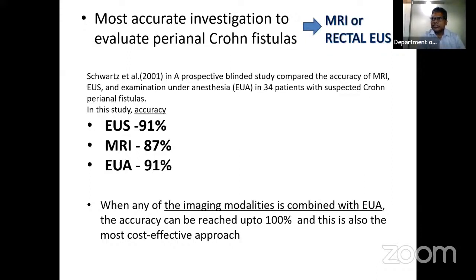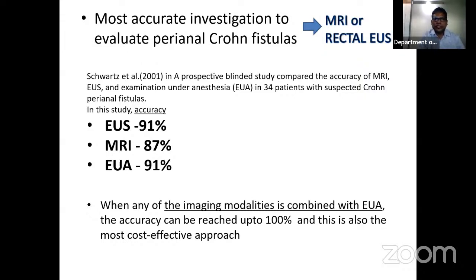The most accurate investigation to evaluate perineal Crohn's fistula could be either an MRI or a rectal ultrasonography, endoultrasonography. Schwartz in 2001 conducted a prospective blinded study which compared the accuracy of MRI, US, and examination under anesthesia in 34 patients with suspected Crohn's perineal fistula.